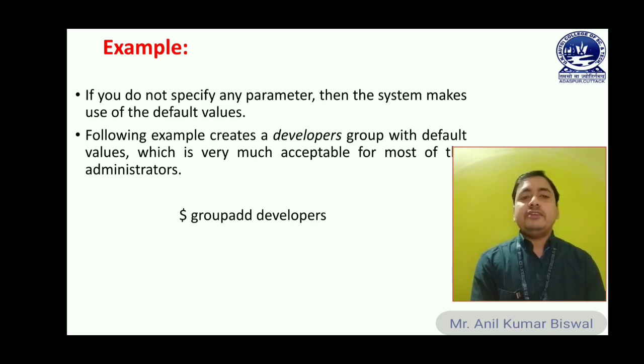We have a Unix prompt like a $ sign. By using the $ sign, the user can use the groupadd command. By using the groupadd command, we can create a group with a name like developers. Instead of developers, we can write anything else. By using any name, we can create a group, and by using that group creation, we can easily manage it and maintain its status in our computer system.